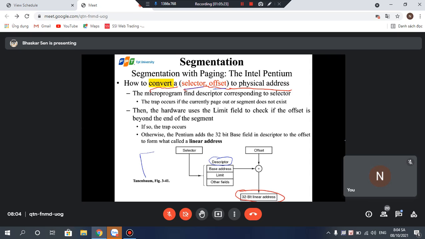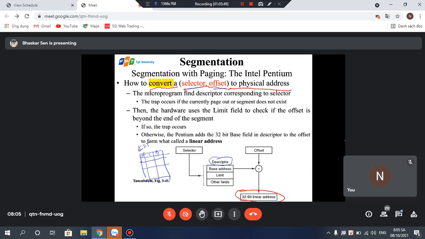So let me draw one more. This is the descriptor table, maybe LDT. In the LDT, you have some indexing, limit, and base.